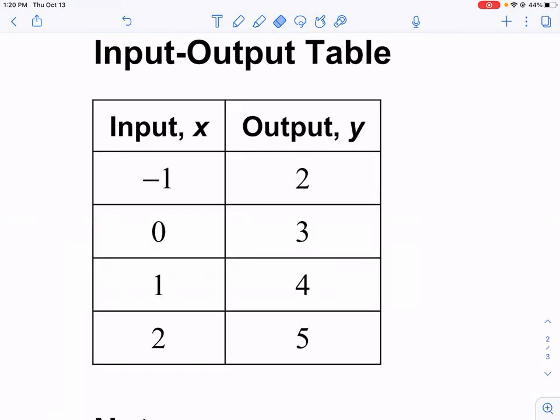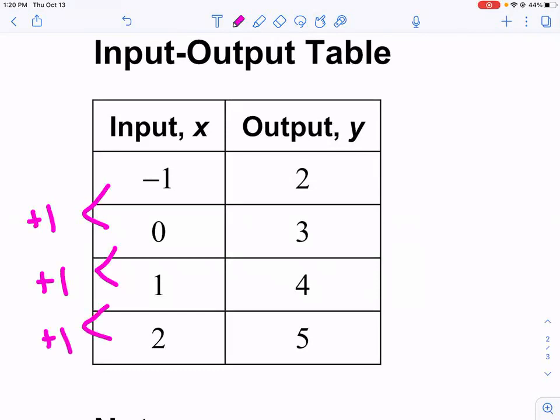So in order to figure out if we have a constant rate of change, our x's need to be changing at the same amount. So let's test that. From -1 to 0, that is up 1. From 0 to 1 is up 1. And from 1 to 2 is up 1.